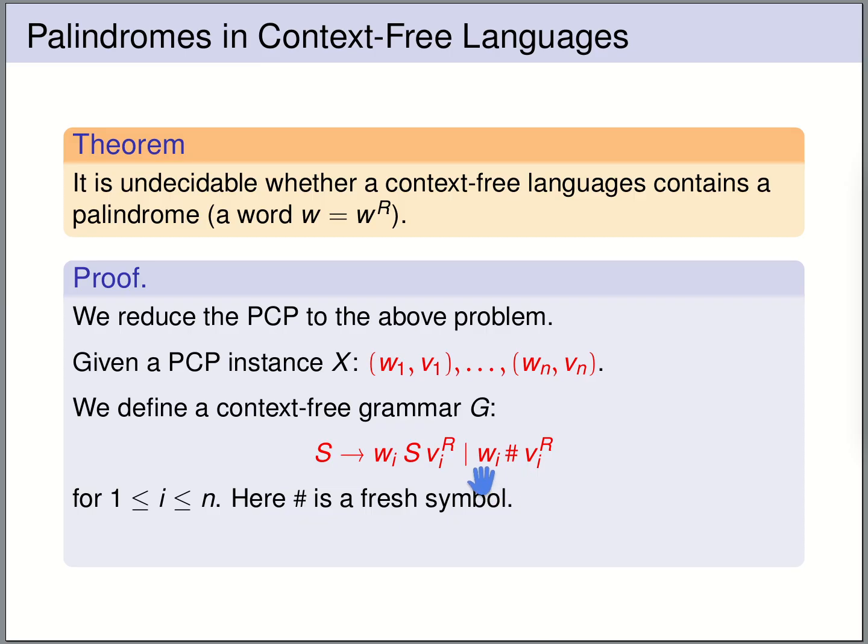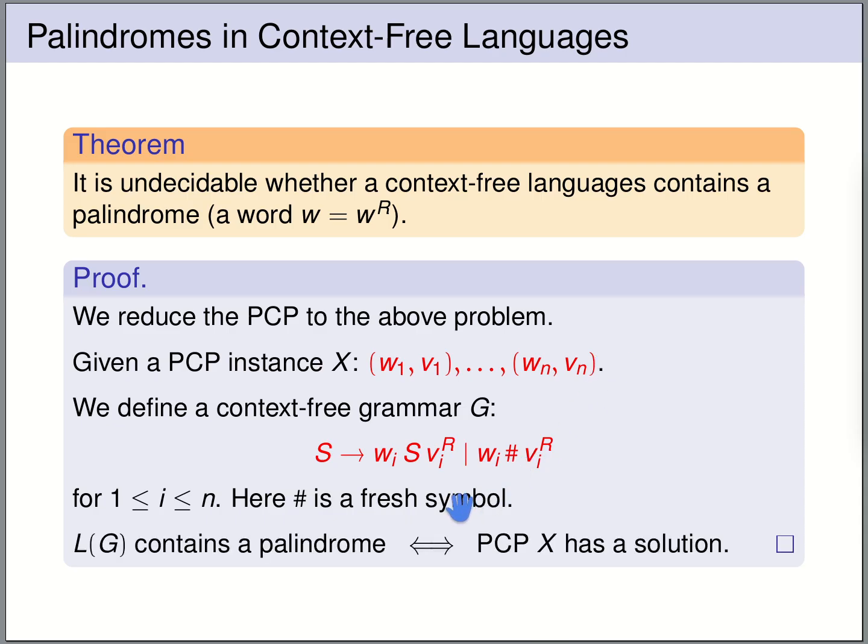It means that the concatenation of the wi's that we had created on the left must be equal to the reverse of the concatenation of the vi's on the right. And this is equivalent to the post-correspondence problem that we've started from having a solution. So this language contains a palindrome if and only if the post-correspondence problem has a solution. Since this problem is undecidable, also the question about palindromes must be undecidable.